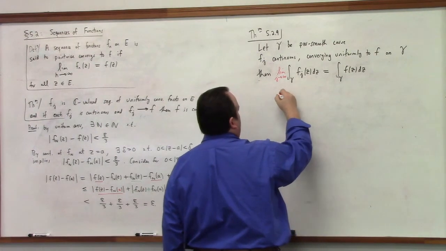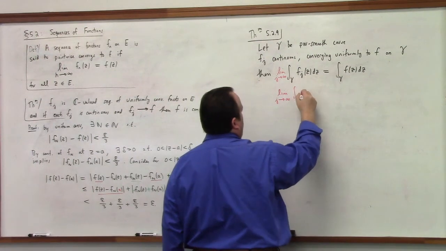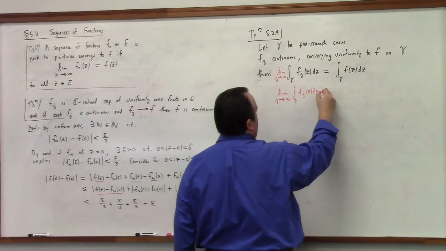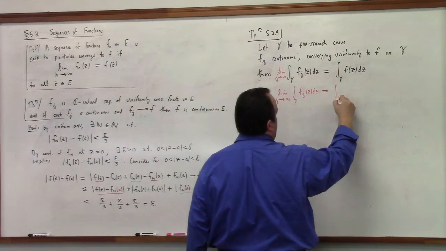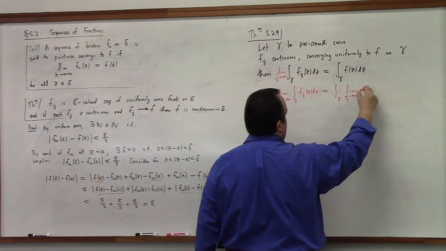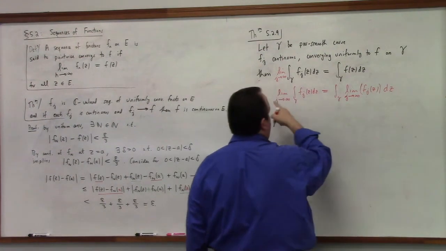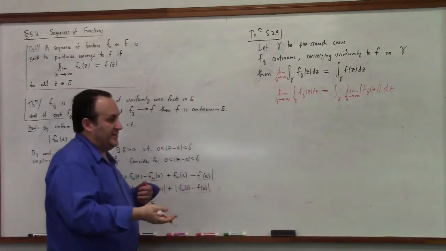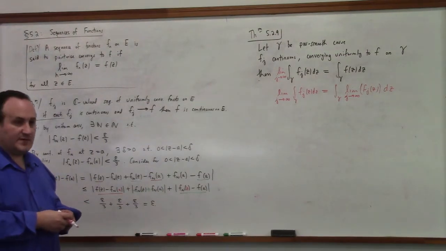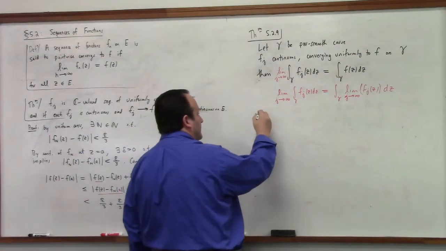To be more explicit, the limit as j goes to infinity of the integral of the fj sequence function is equal to the integral of the limit as j goes to infinity of fj of z. So you can exchange the integral and the limit for a uniformly convergent sequence of functions. And the proof for this is actually quite fun.